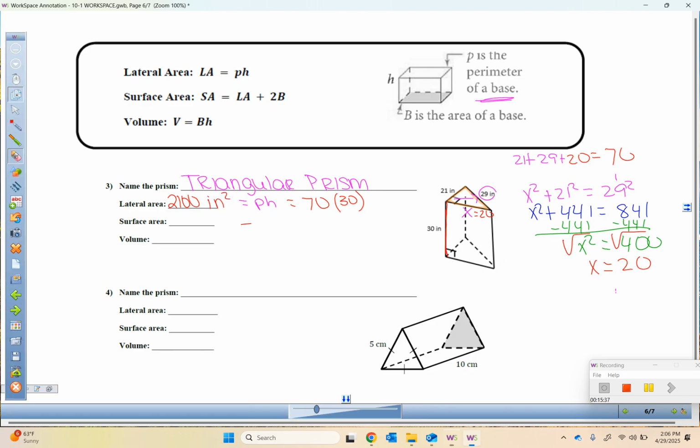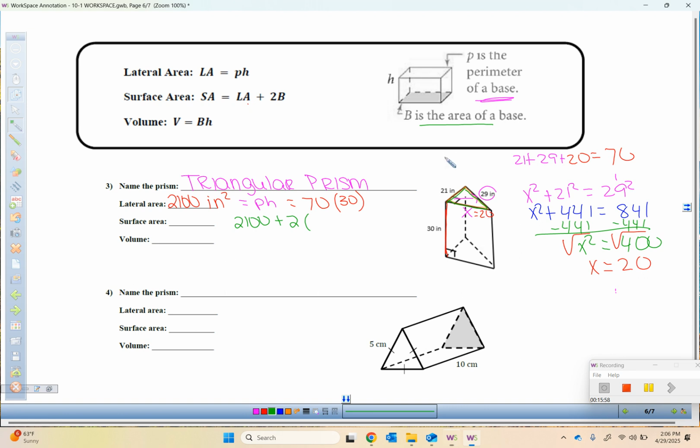All right, surface area. Surface area is my lateral area, which is what? 2,100 plus 2, and then big B. Big B says it is the area of a base. So here's my base. We need to find the area of the triangle.